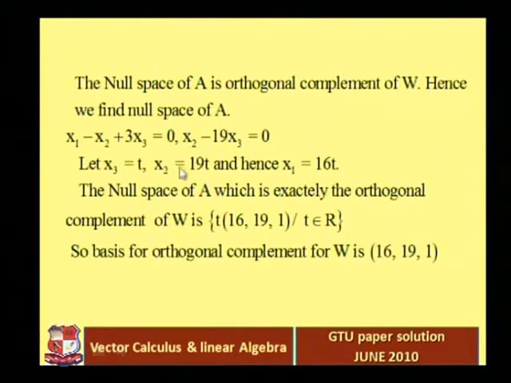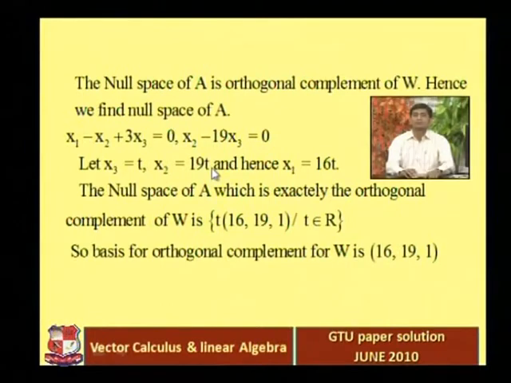Now when you take x3 equal to t, x2 is equal to 19t, and x1 is x2 minus 3x3 from the first equation, so 19t minus 3t, that is 16t. So now you get x1, x2, x3.